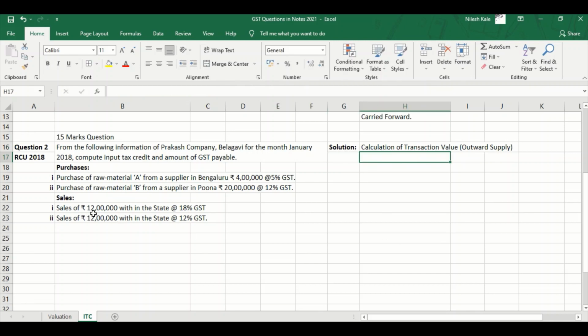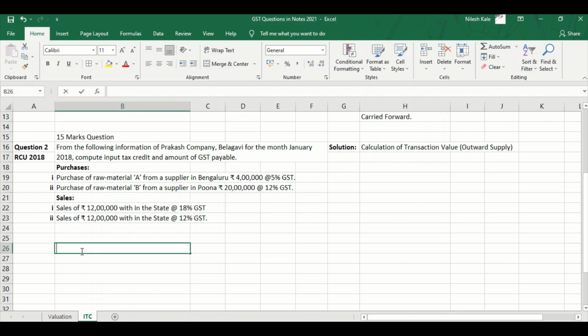Outward supply means we are speaking about sales, and sales have been given within the states. Both are within the states, 18%, 12%. See friends, these are the slabs of GST. 18% is the slab of GST, 12% is the slab of GST. There is no such classification saying that 18% GST is different and 12% GST is different. No, we are only classifying if it is interstate or intrastate.